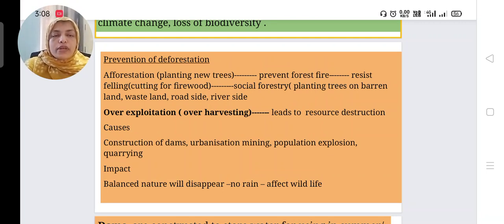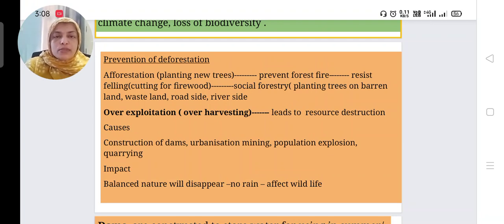Then over exploitation. Over harvesting leads to resource destruction. What is over exploitation? Over exploitation means we are taking more resources. It leads to resource destruction. Then what are the reasons of over exploitation? Causes for over exploitation: construction of dam, urbanization, mining, population explosion.